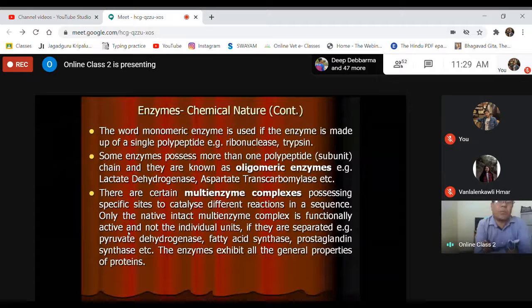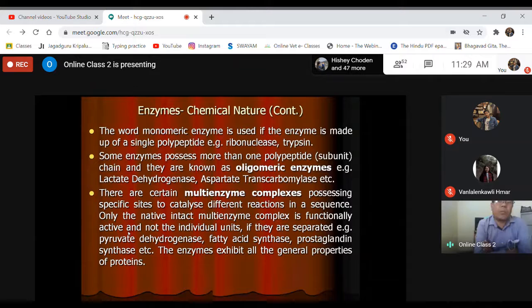So what we are learning here is that enzymes may be monomeric, meaning they contain only one polypeptide chain, or oligomeric if they contain more than one polypeptide chain. Okay, there are certain multi-enzyme complexes.